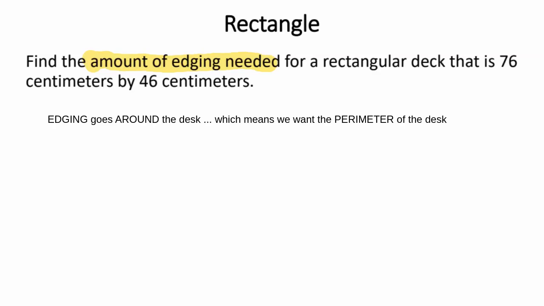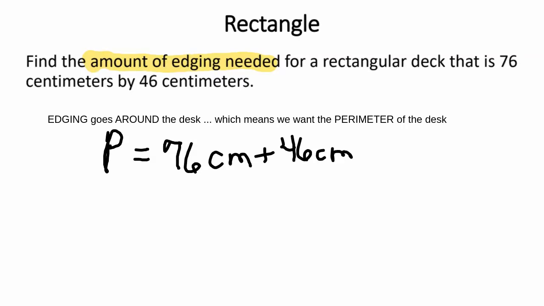The amount of edging is the perimeter around the deck. So therefore, perimeter is going to be equal to 76 centimeters plus 46 centimeters plus 76 centimeters plus 46 centimeters.